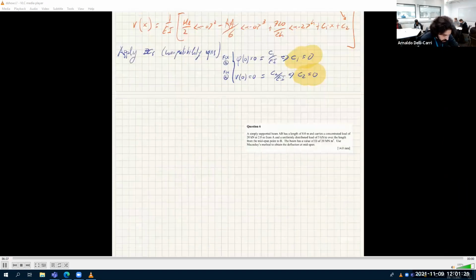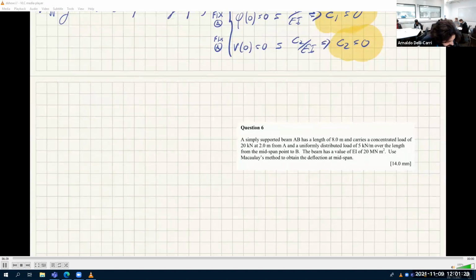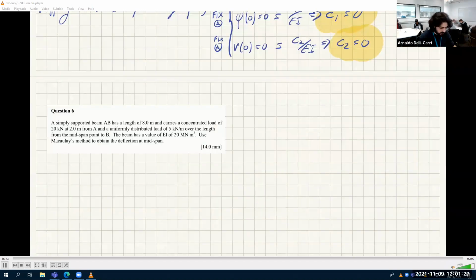So this one is question 6. It tells you which beam it is, so you have to draw it yourself. It's a simply supported beam AB. Simply supported means pinned and roller. In this case, it doesn't matter which one is the pin and which one is the roller, because it only affects the horizontal reactions, which in this case you don't have.